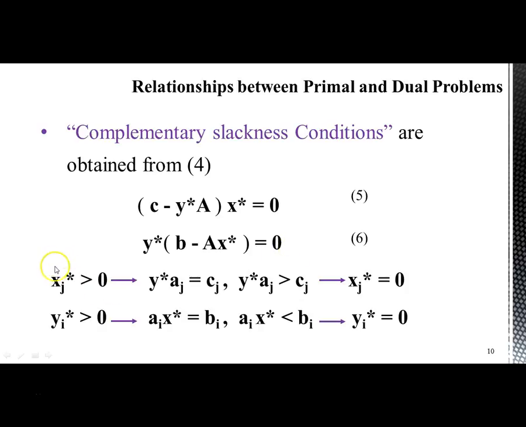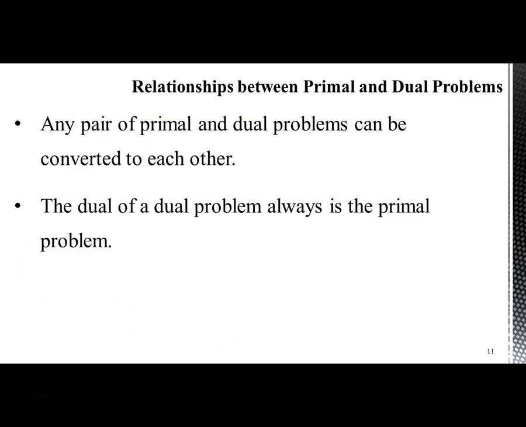Okay, where xj star is greater than 0, y star aj equals cj, or y star aj is greater than or equal to cj where xj star equals 0. Okay, so you get the idea how we get the complementary slackness conditions.